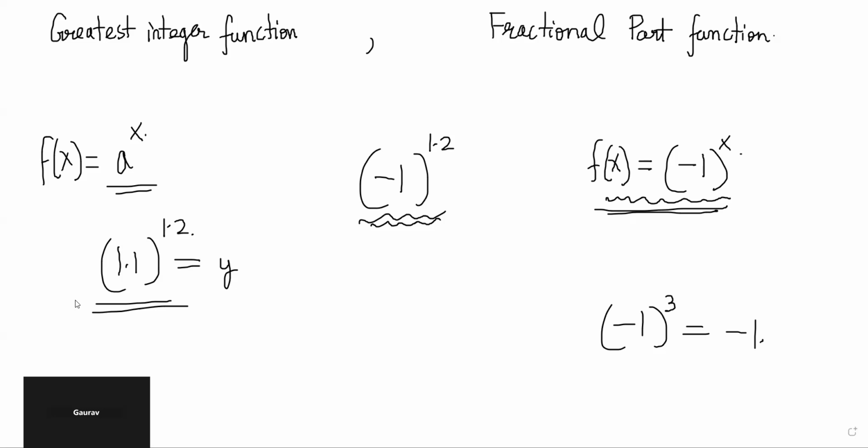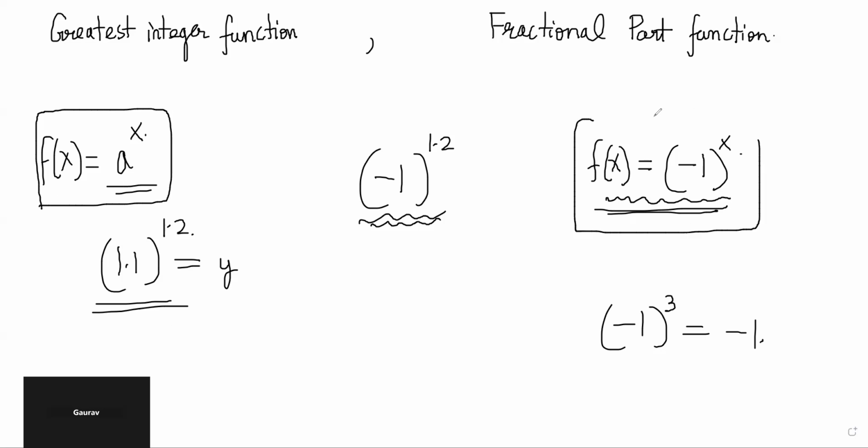We can't take the cases where a is a negative number and call it an exponential function, because you will not know how to predict its values. This is not a properly defined function. That doesn't mean that -1 power 3 is an undefined value. -1 power 3 is simply -1.